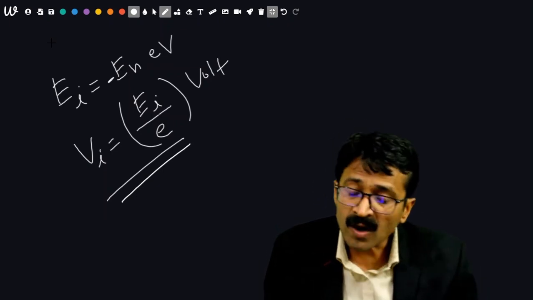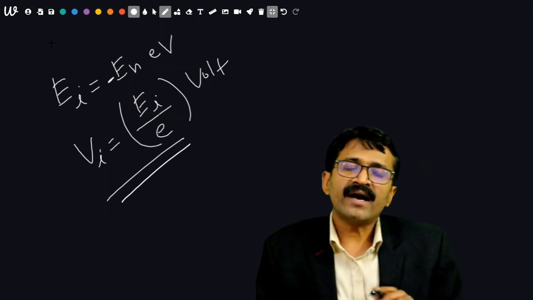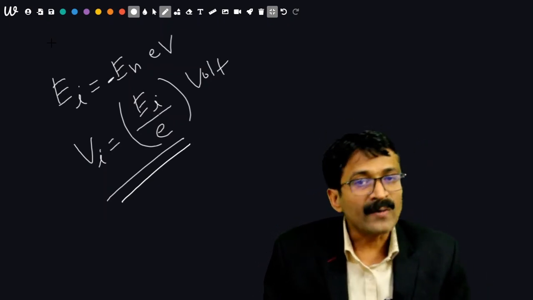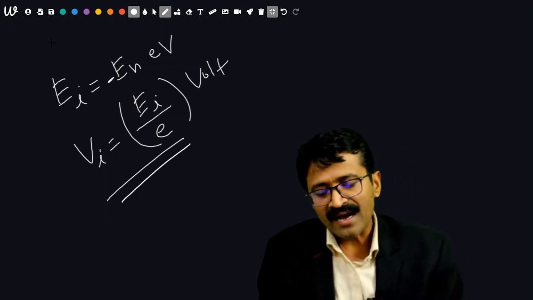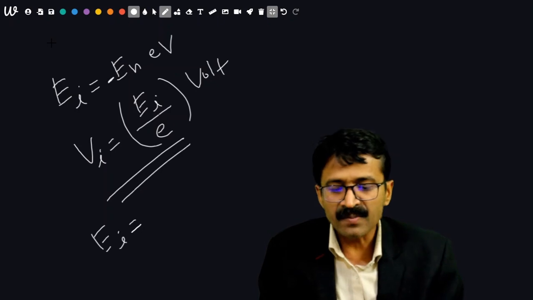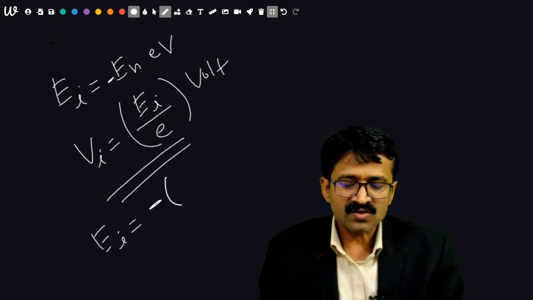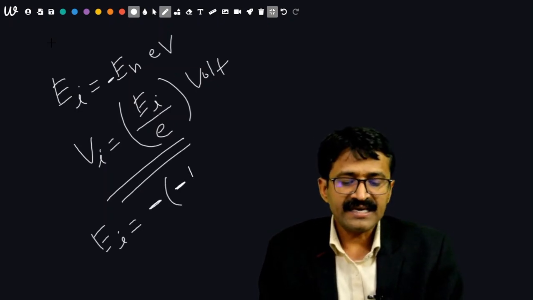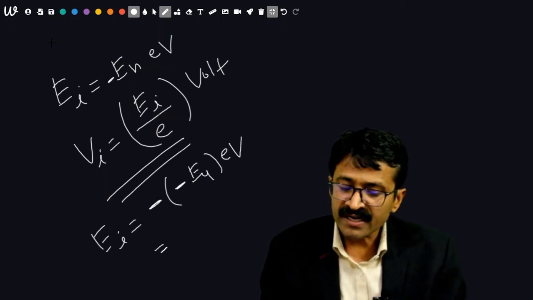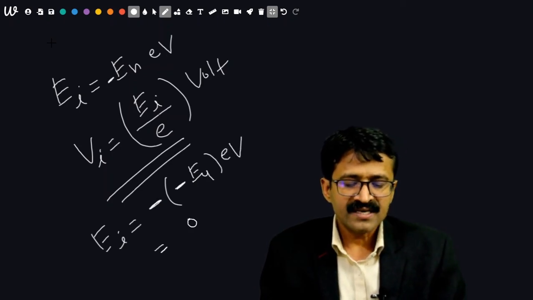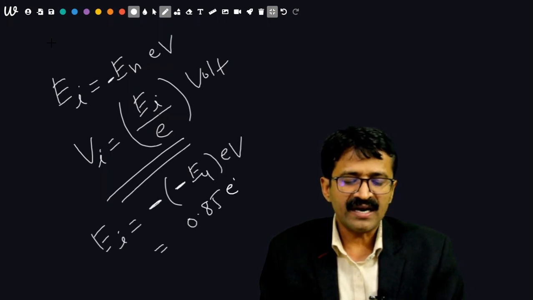What about a numerical problem on this? If you have to ionize an electron from the fourth energy state, then the ionization energy will be minus of minus E4 electron volt, and that will be positive, and E4 is 0.85 electron volt.